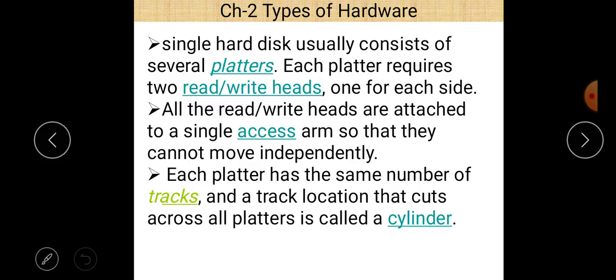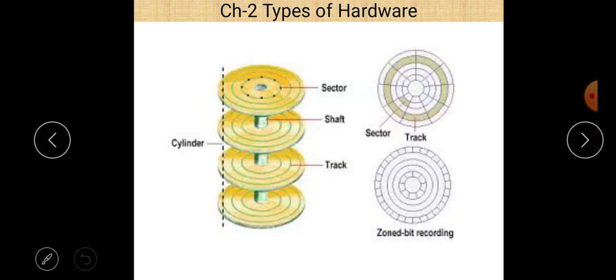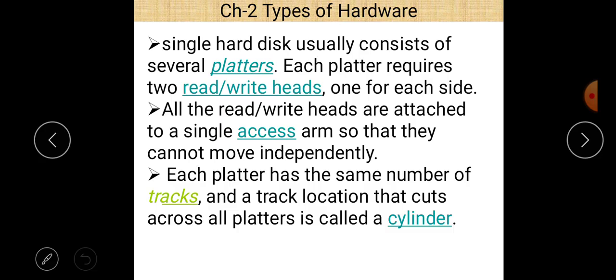One for each side, and all the read write heads are attached to a single access arm, so they cannot move independently. So a single access arm is attached here. Each platter has the same number of tracks, and the track location that cuts across all platters is called a cylinder.